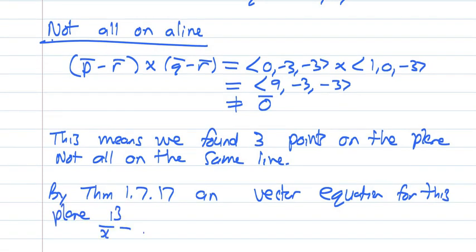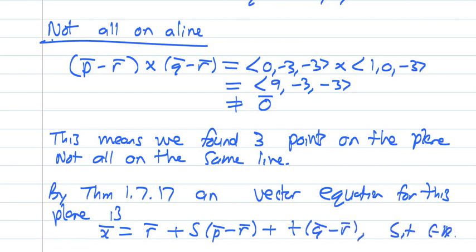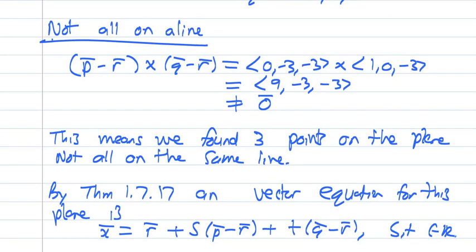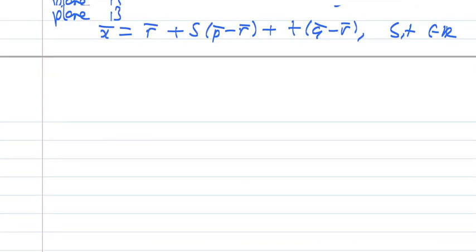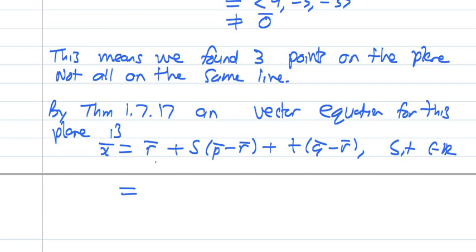is r equals R plus s times (P minus R) plus t times (Q minus R), where s and t are real numbers. Alright, and now you just fill in. R, remember R was the vector 0, 0, 3.